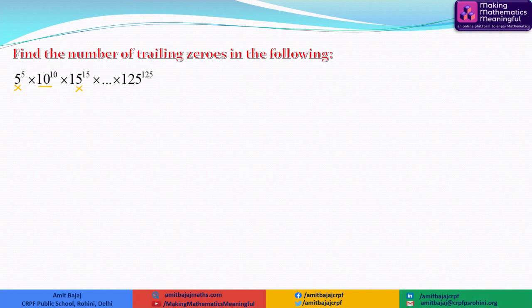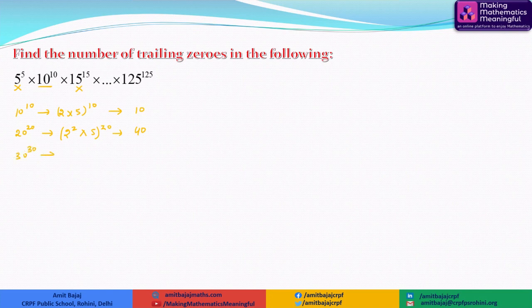So first of that will be 10 raised to the power 10, which is clearly 2 into 5 power 10, and this contributes 10 zeros. Similarly, we can count for 20 raised to the power 20, which is 2 square into 5 power 20, and clearly here it is 2 raised to the power 40, which contributes 40 zeros.